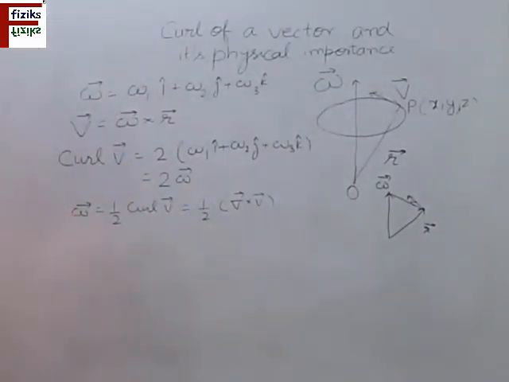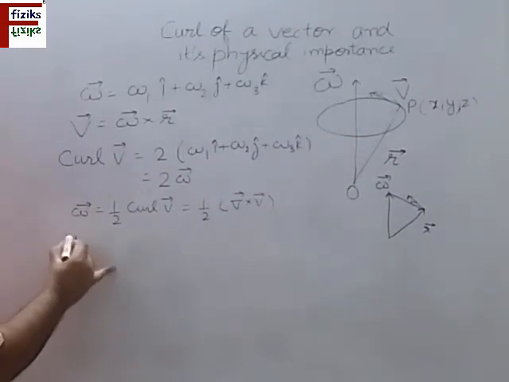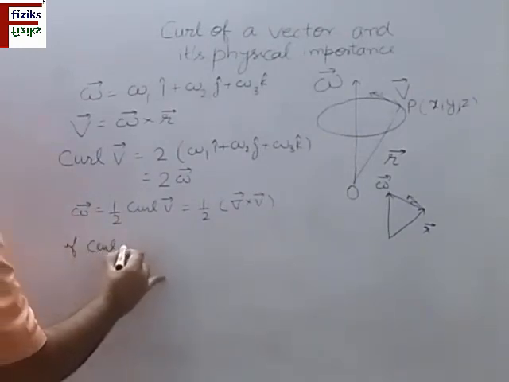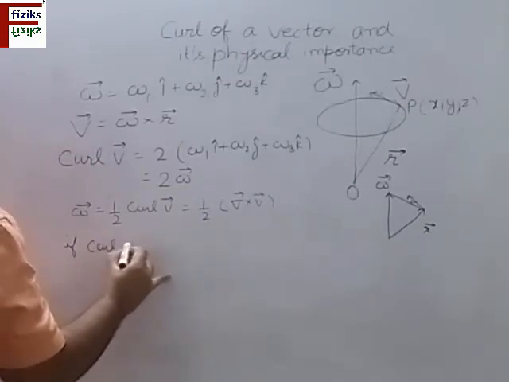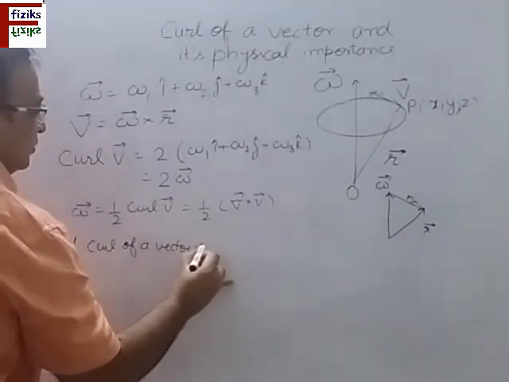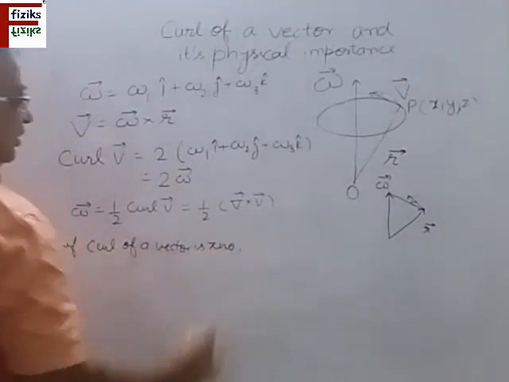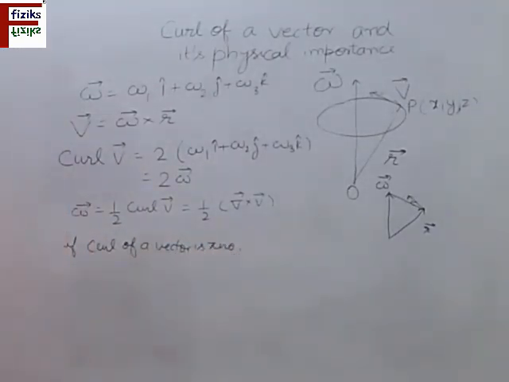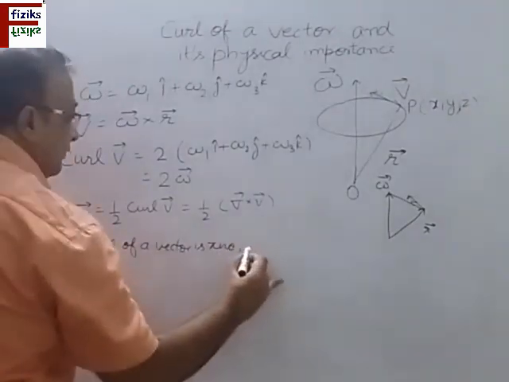And we know that if curl of a vector is 0, it means that the vector is called irrotational or conservative.